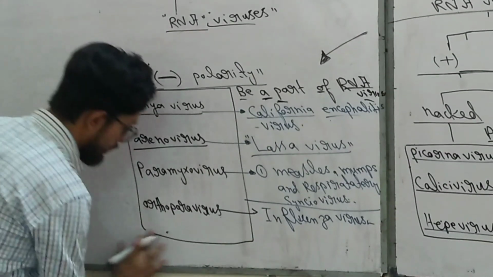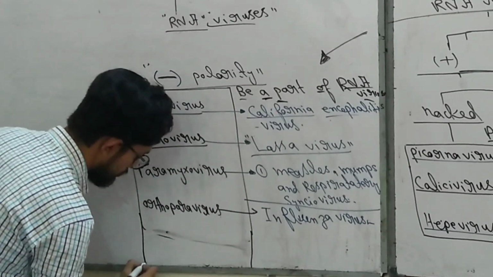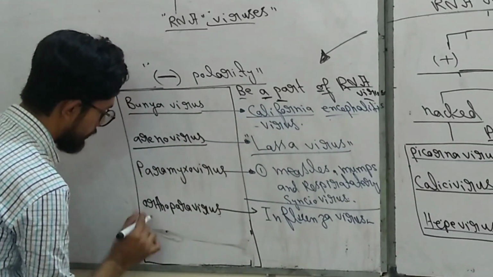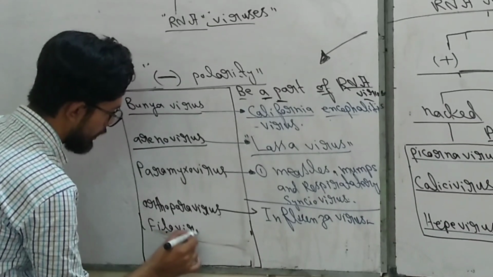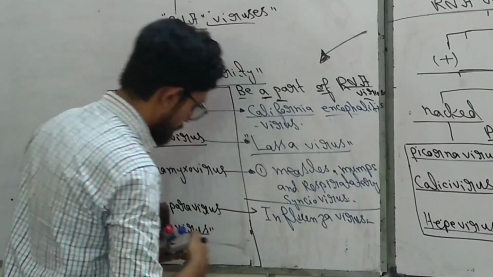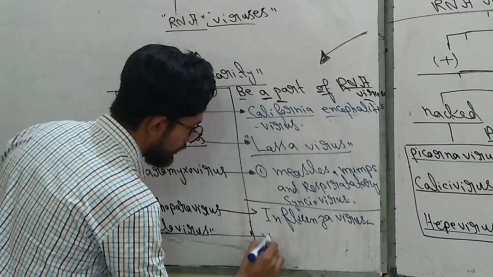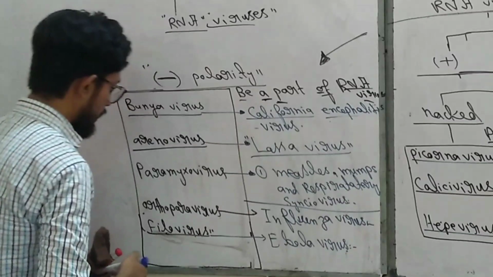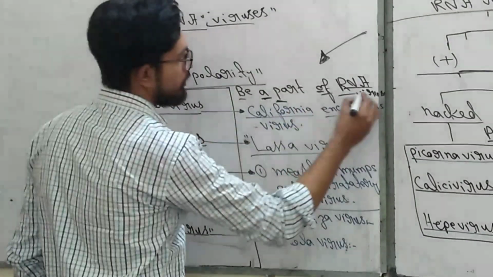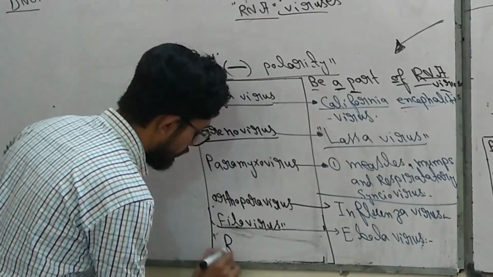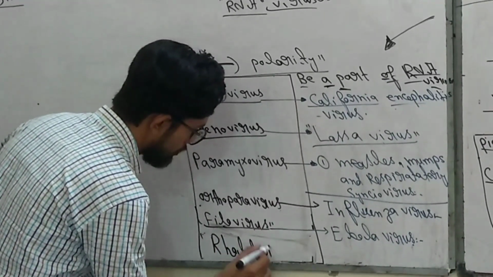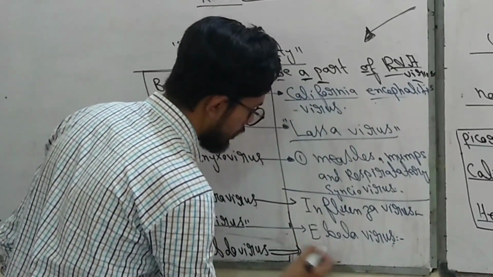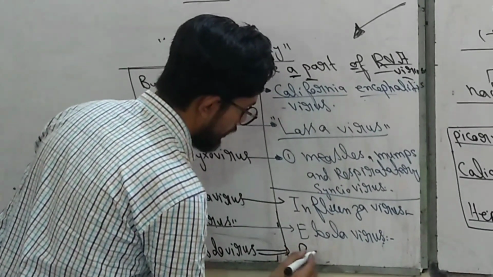Next is F. F means filovirus, and the important organism found in this family is Ebola virus. And last but not least is rhabdovirus, and it contains a very important virus, rabies virus.